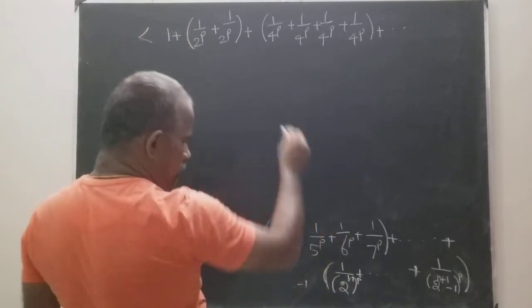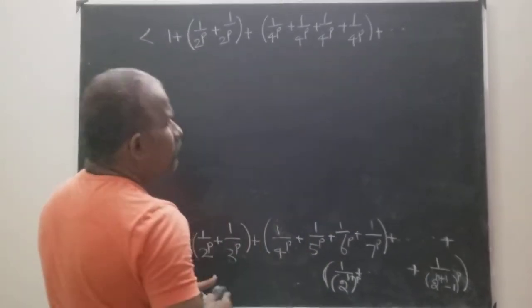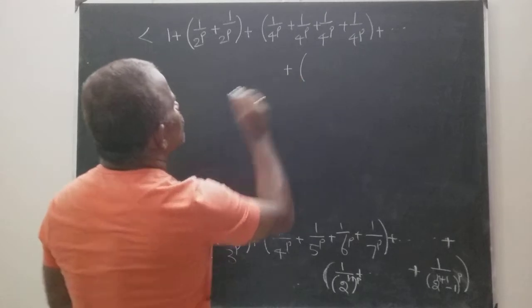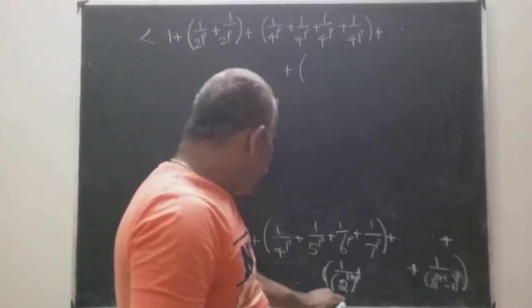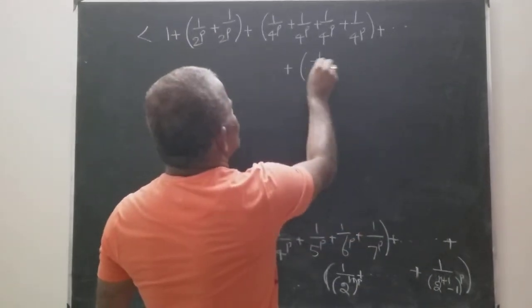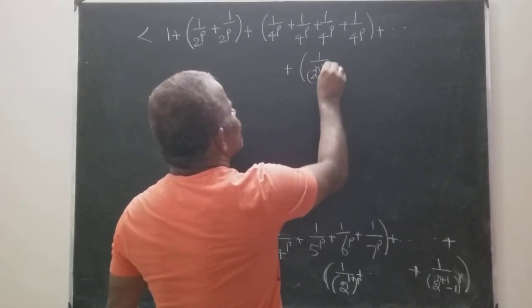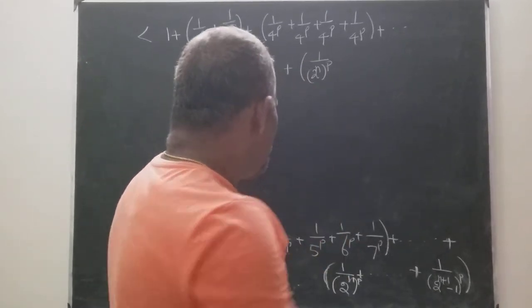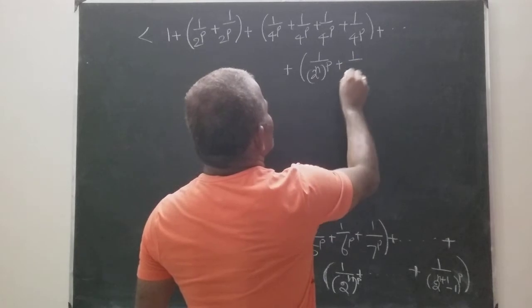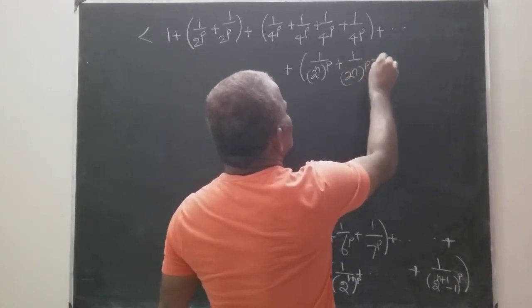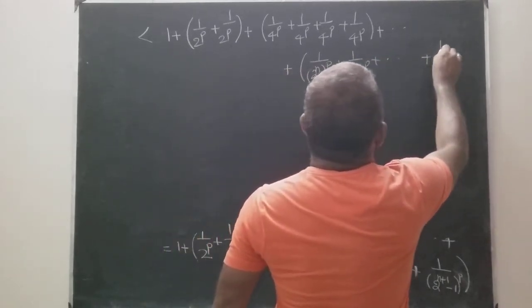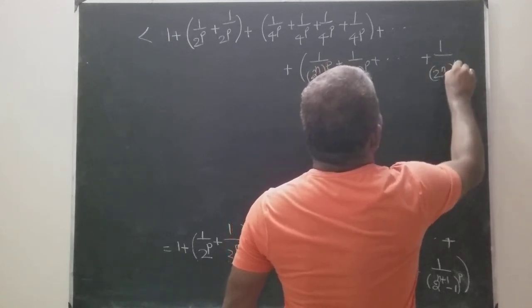So all the terms will be replaced by 1 by 2 power n the whole power p, plus 1 by 2 power n the whole power p, plus etc, 1 by 2 power n the whole power p.